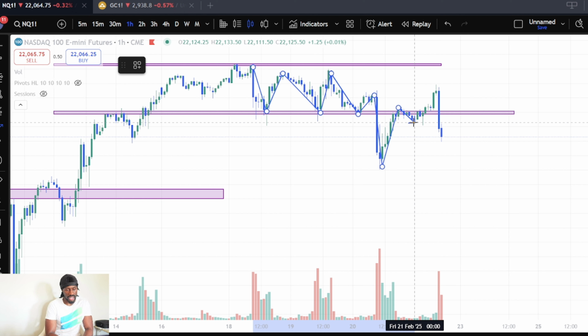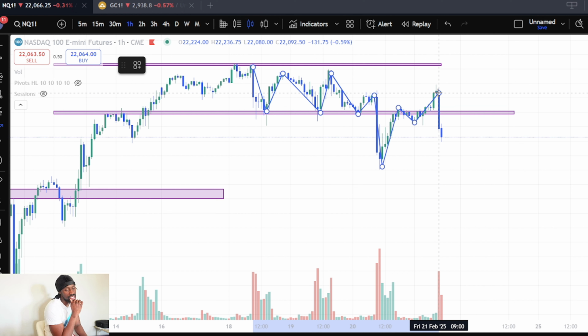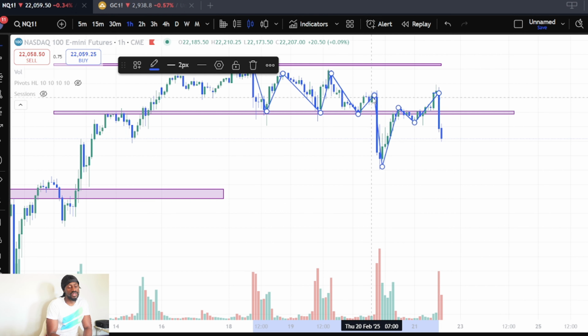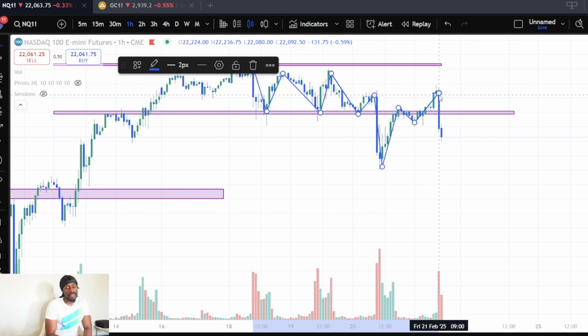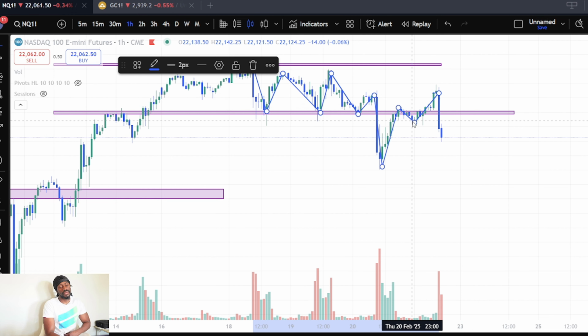At the end of the day, we're still in a downtrend, right? Over here, we kind of broke the structure of the downtrend where we have lower lows. I mean, we made a higher high, you can see right here. But to be honest, not everything's perfect, and sometimes you just gotta roll with the punches. You see what time it happened.